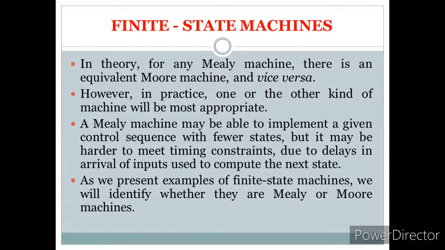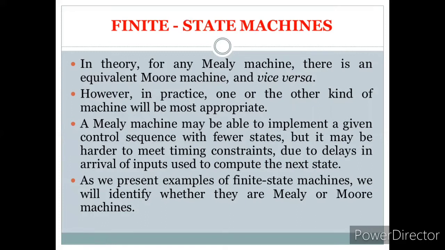A Mealy machine may be able to implement a given control sequence with fewer states, but it may be harder to meet a timing constraint due to a delay in arrival of inputs used to compute the next state.